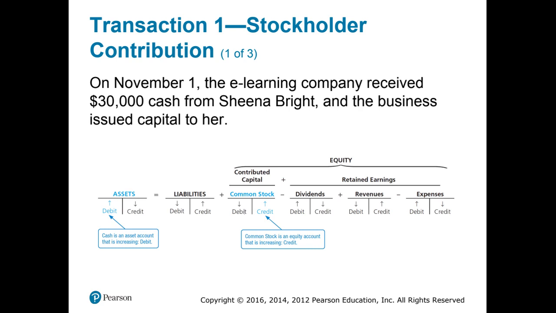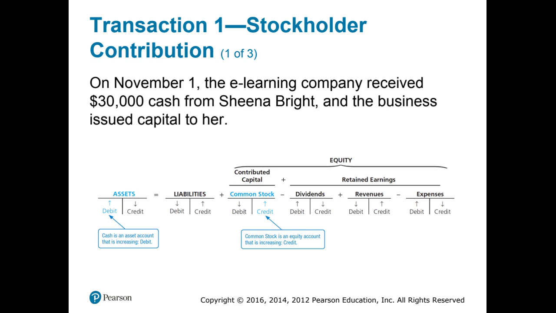So we've identified our two accounts and their types. Now we need to decide whether each account is going to increase or decrease based on what they've told us. They told us that the company received $30,000 cash. So is cash going to increase or decrease? Increase.